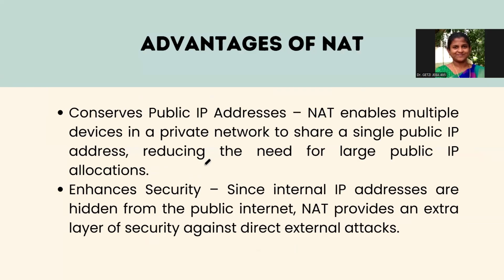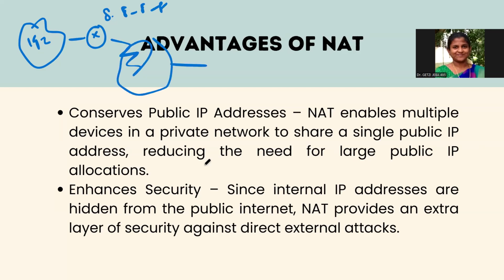So what are the advantages of NAT? It conserves public IPs. For example, here you have an organization that uses the 192 series. However, when it comes to the internet, it is known as 8.8.8.8. Here is the global internet, and there can be another organization which again uses the 192 series inside, and its public IP is 9.9.9.9.